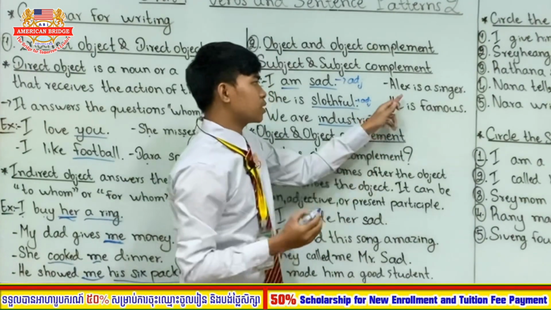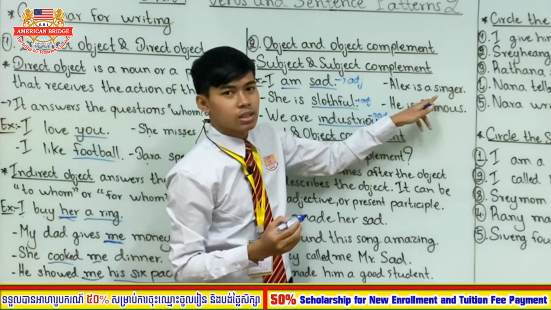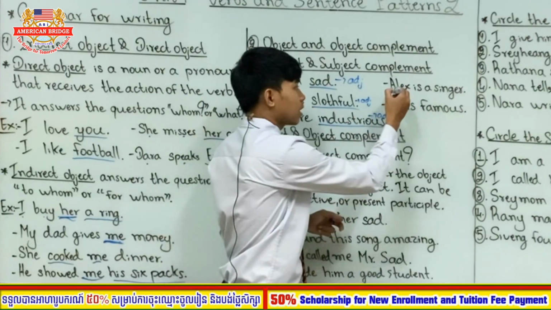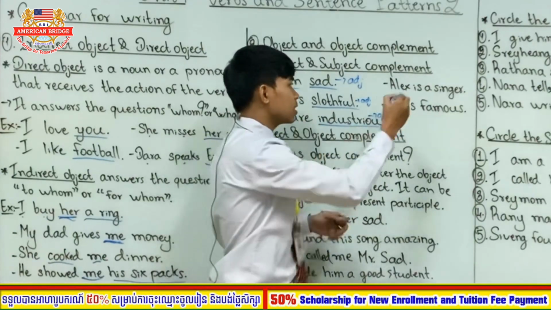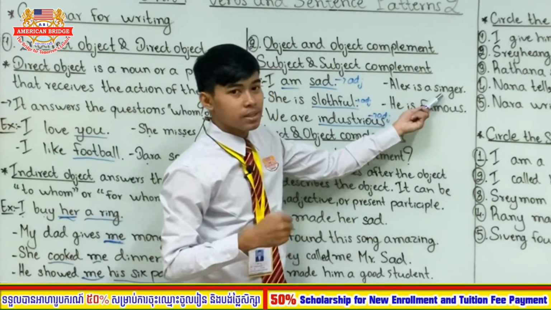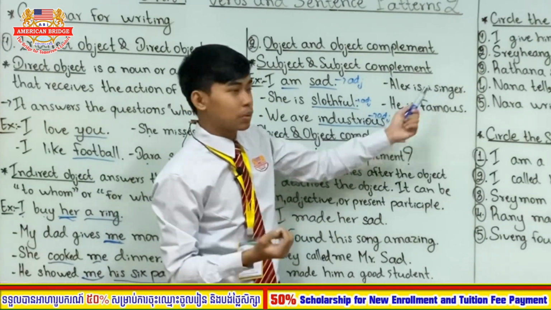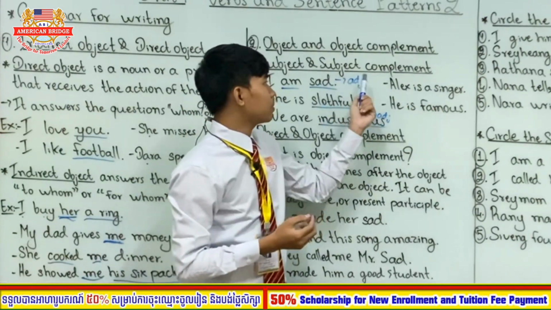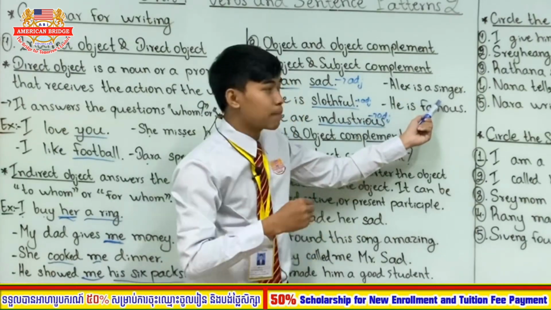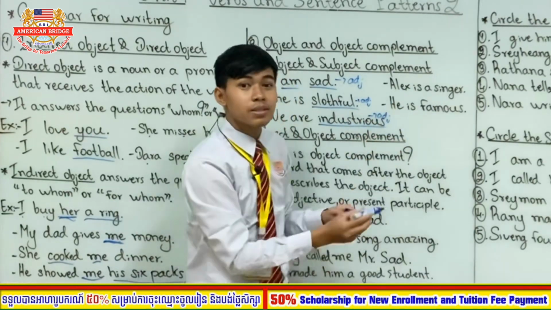Look at this one. Alex is a singer. What is the subject? The subject is Alex, right? And the verb to be is. How about "a singer" here? Is it an adjective or a noun? It is a noun, right? Like I said, subject complement is a noun or an adjective. This time it is a noun that comes after a linking verb and it describes the subject.